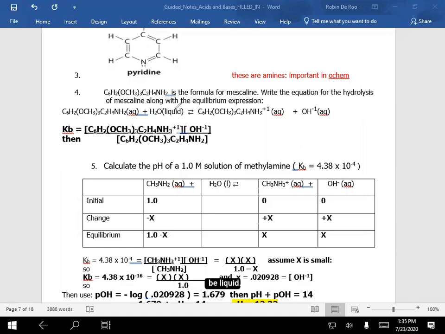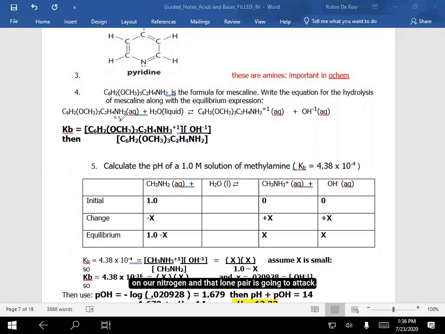The water is going to be liquid, and then our molecule is in water, so it's aqueous. And then remember, we have this nice lone pair here. Let's see if I can draw this. Okay, so here's our nice lone pair on our nitrogen.